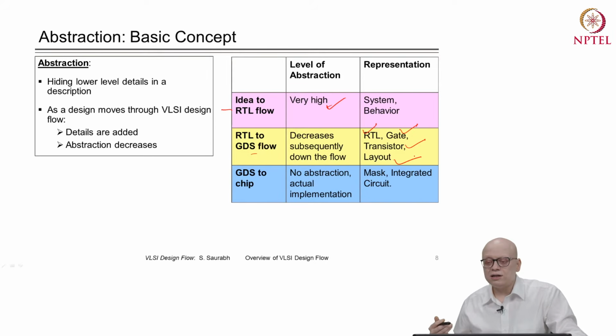And once we have got the layout, then there is no abstraction. All the details required for fabrication are already there, and then the actual implementation starts, and the design in the fabrication step is represented by masks and integrated circuits, or the final integrated circuit.